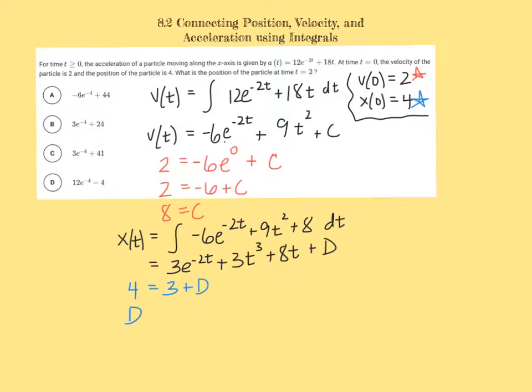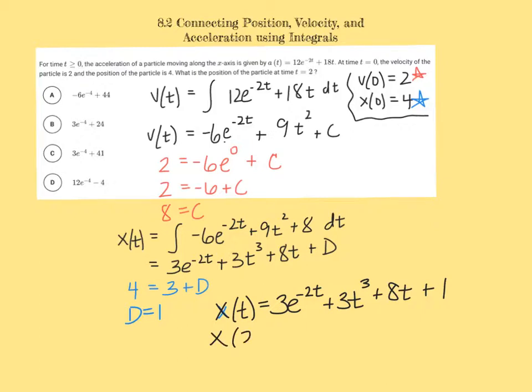Okay, so d is 1, which means that our position function x of t is 3e to the -2t plus 3t cubed plus 8t plus 1.